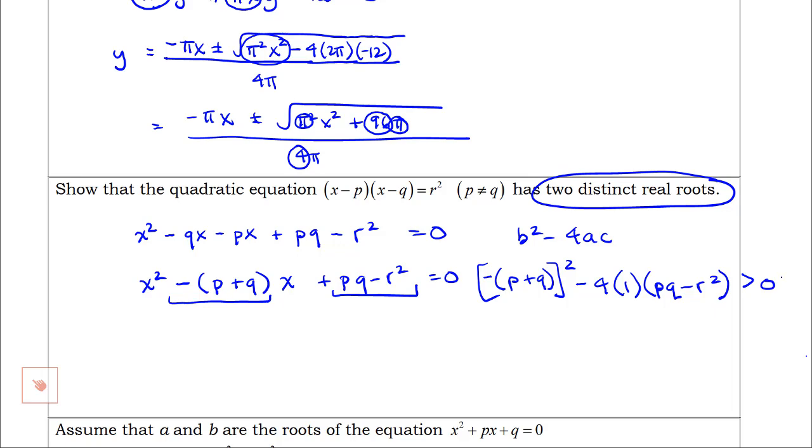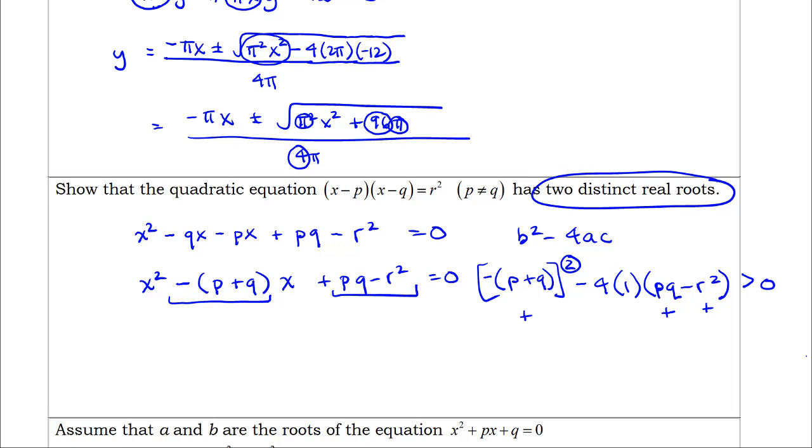So let's see, this might work, might not. One way to look at this is, okay, this is squared. That's guaranteed to be what? Positive. R squared is guaranteed to be positive. But did anybody come up with any ideas of what PQ had to be or didn't have to be?